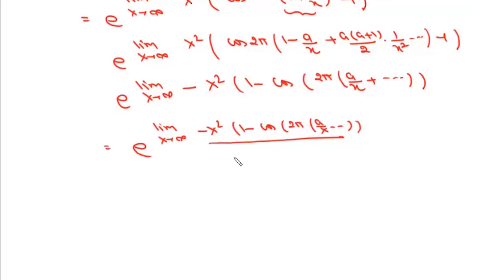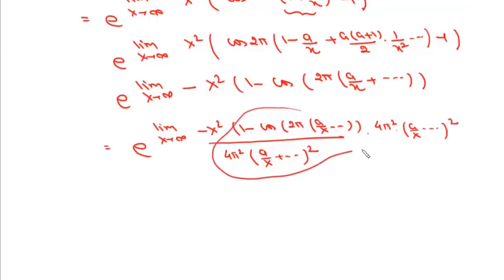Now we'll multiply and divide everything with 4 pi square and then a upon x whole square. Now we have to multiply it also. Then it will be this 4 pi square a upon x whole square. Now this becomes a standard limit which is 1 by 2.